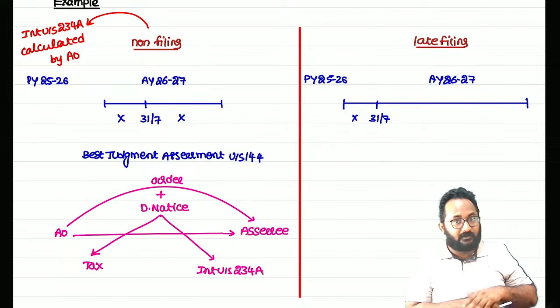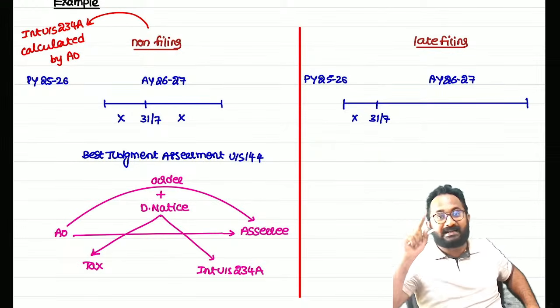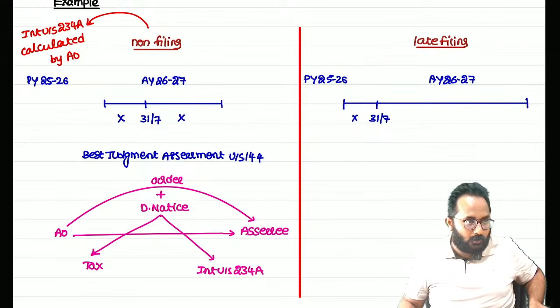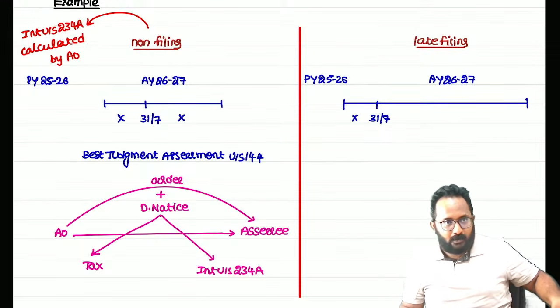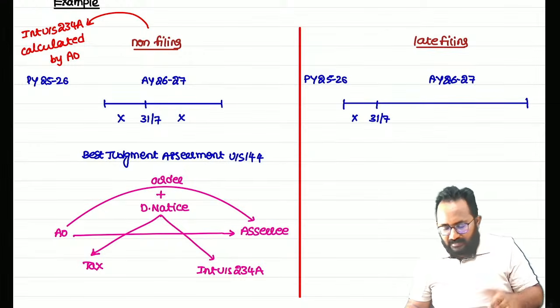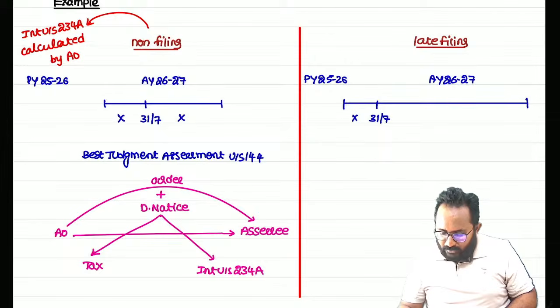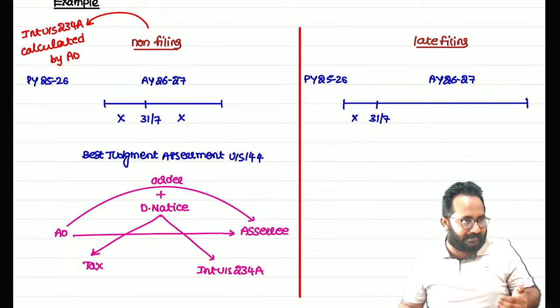Then you have a chance to file the belated return, right? That means on or after the due date, you file the return. So for filing the belated return, I will tell you the time limit. I don't know how many of you remember this, that return of income you can file in a belated manner.